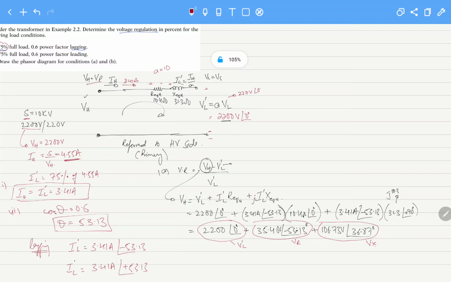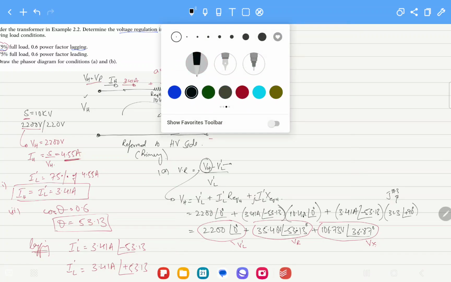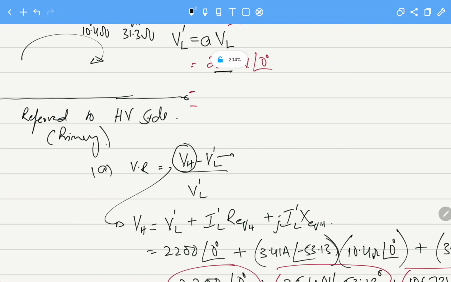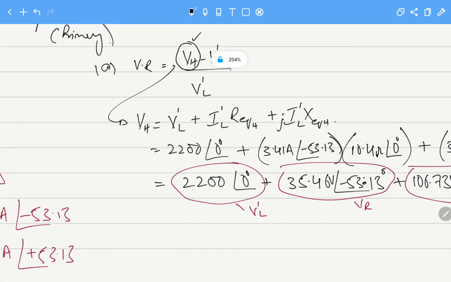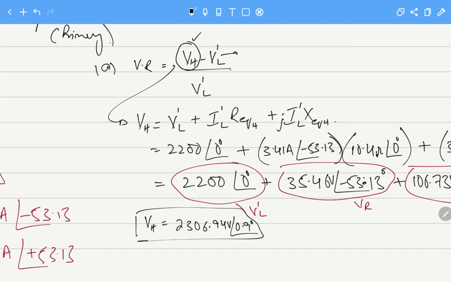So similarly, if we continue, we were in search of VH. So the value of VH will be 6.94 at 0.9 degrees. So we can calculate voltage regulation here.